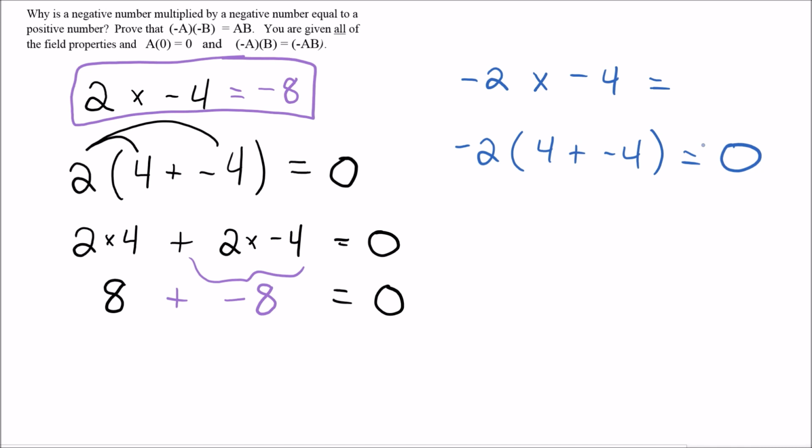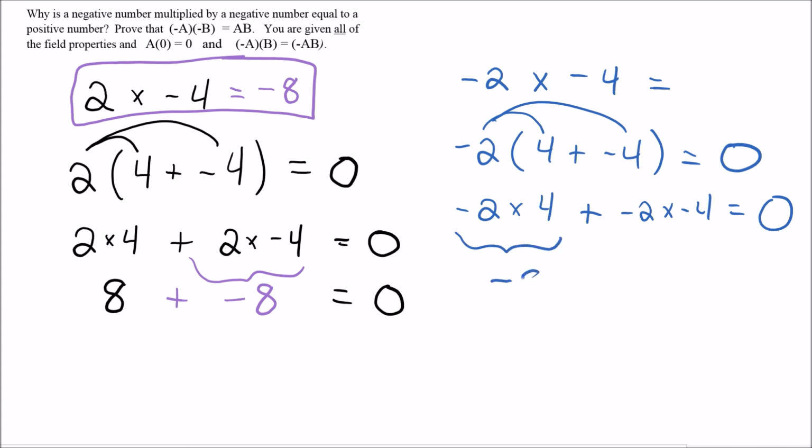So I'm going to hold true, again, the laws of distribution, and I'm going to distribute this out. So we'll get negative 2 times 4 plus negative 2 times negative 4. And again, I know this equals 0. Well, I just showed that 2 times negative 4 was negative 8. I just showed that. This is negative 8.